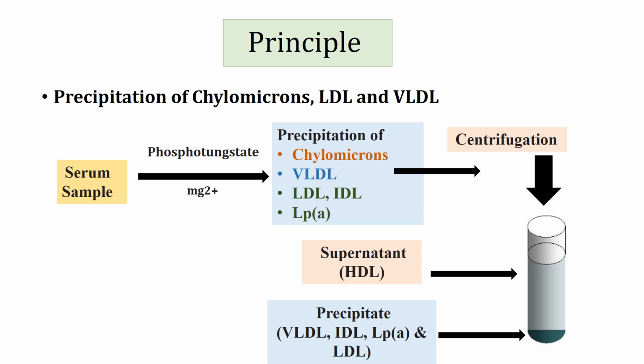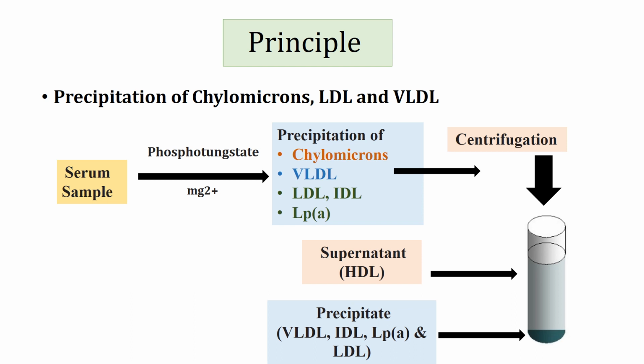The principle behind this precipitation reaction is that VLDL, LDL, chylomicrons, LPA, they are rich in ApoB proteins, while HDL contains mainly ApoA protein. This ApoB protein is rich with positively charged amino acids which preferentially form complex with phosphotungstic polyanion.